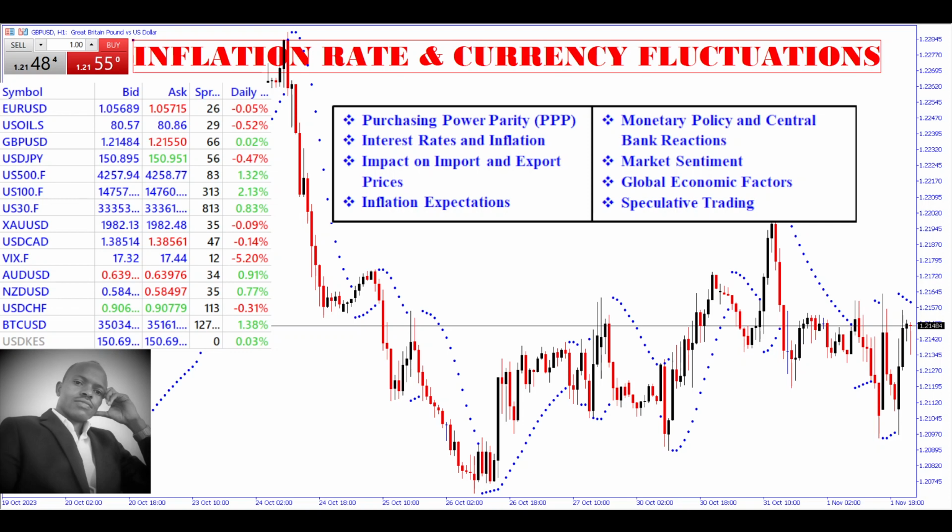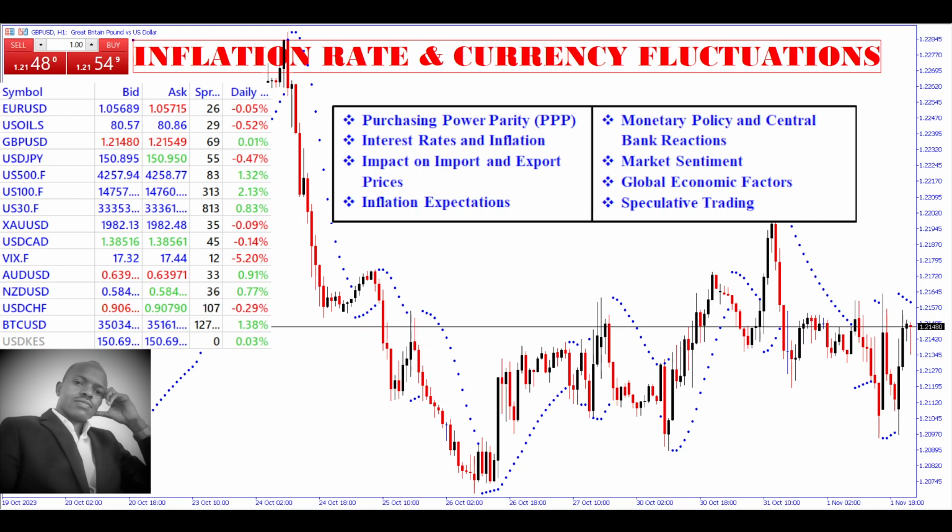As a result, this will lead to depreciation in the value of the British pound. As such, other currencies that compete against the British pound would appreciate. So, for example, the dollar, the euro, and the Japanese yen would rise against the British pound.